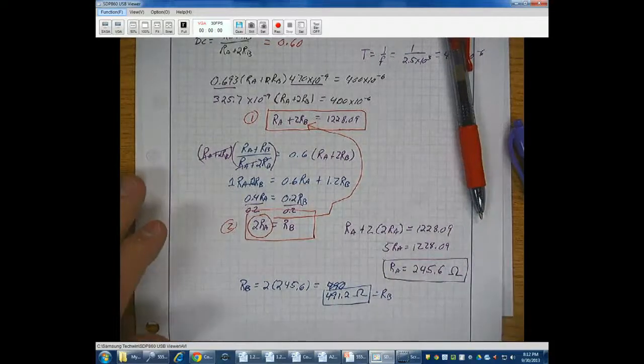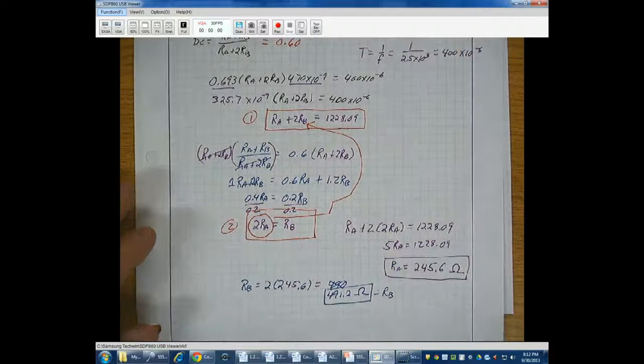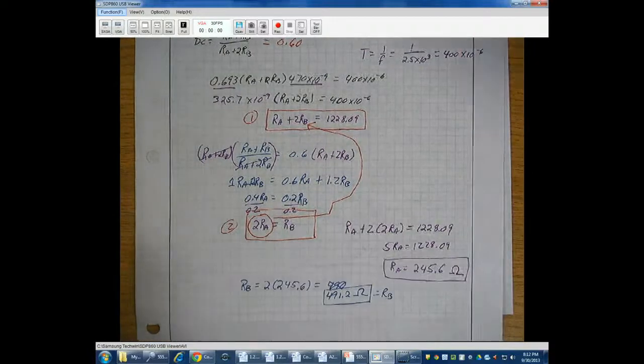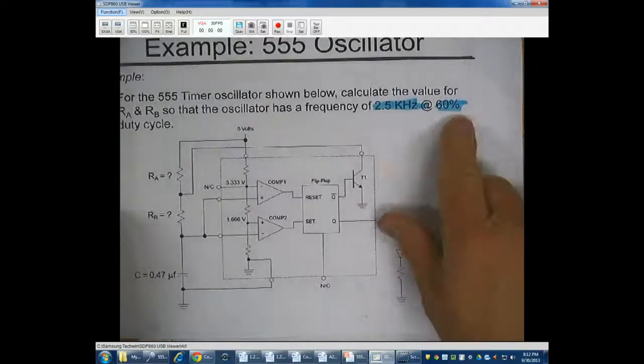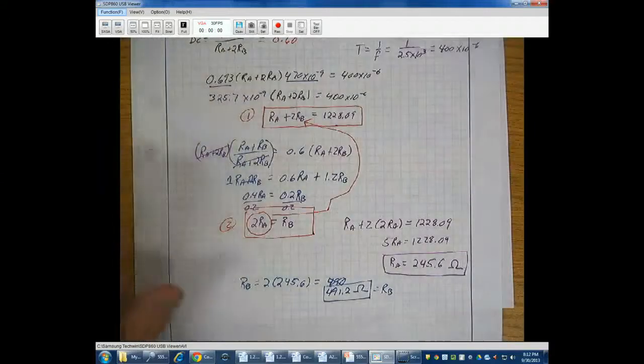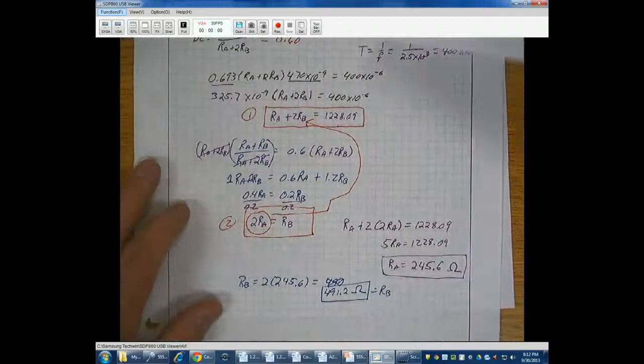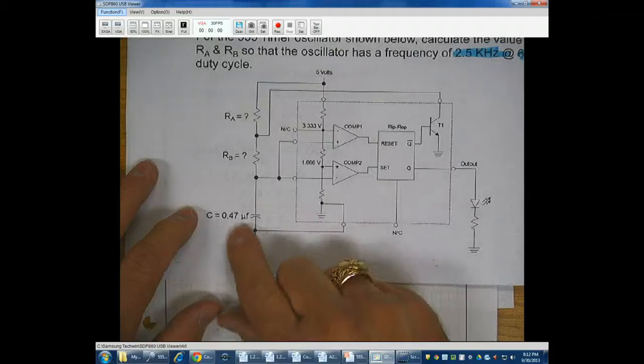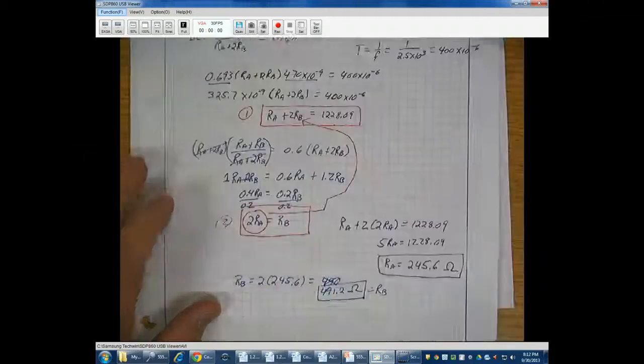And there I found the values for RA and RB that would give me a 60% duty cycle and a 2.5 kilohertz frequency clock operation, assuming that I have a 0.47 microfarad capacitor.